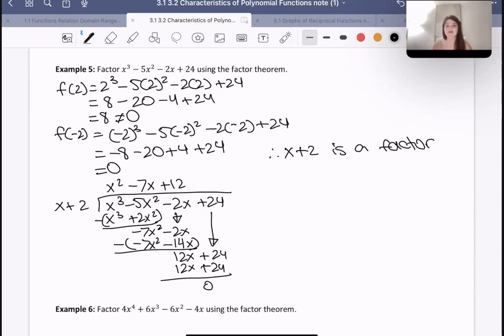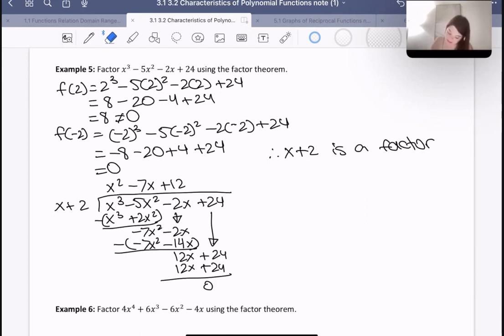So if we don't get a remainder of 0, that means either we did the long division incorrectly, or we made some calculation error when plugging in for the factor theorem. It's one of those things. It needs to always be consistent: our long division having a remainder of 0 should always line up with our factor theorem or remainder theorem telling us that the remainder is 0. So definitely keep that in mind.